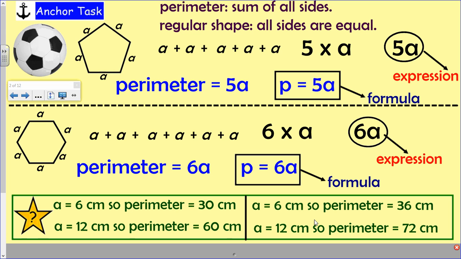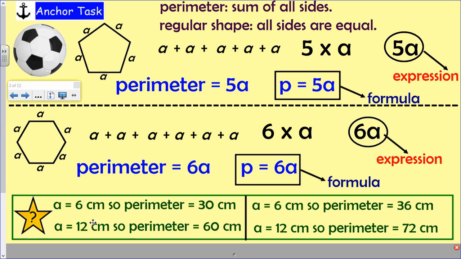And then, on the hexagon, A is 6 centimeters, and we're timesing it by 6, so the perimeter must be 36. And finally, on the hexagon, if A is 12 centimeters, we do 12 times 6, which gets us 72.